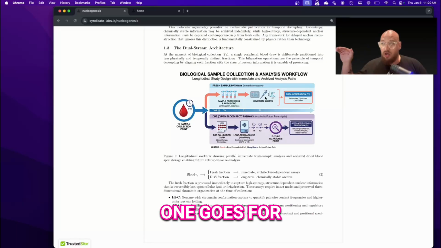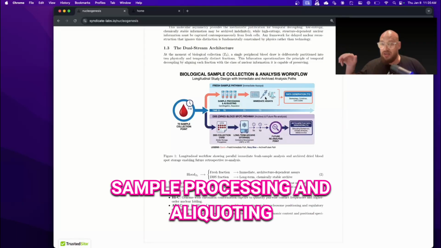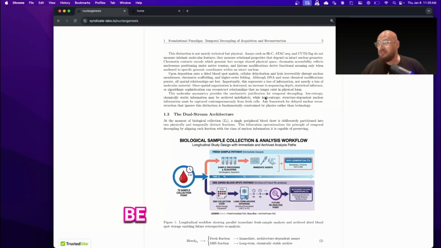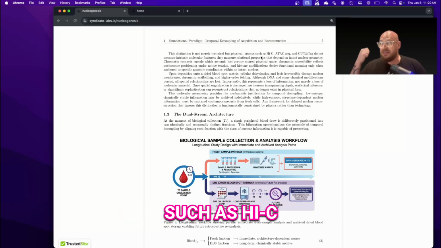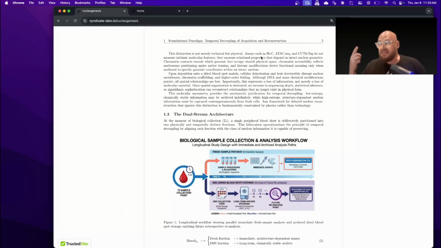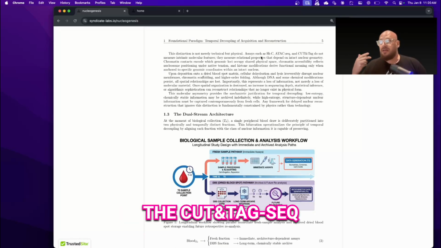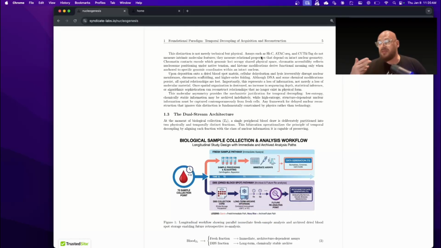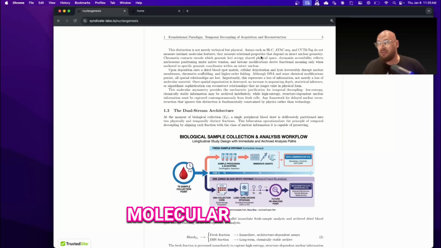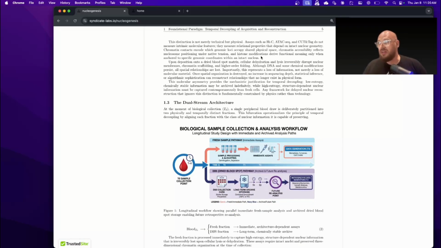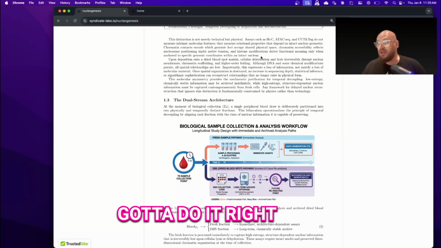One goes for all the sample processing and aliquoting and the immediate steps that are going to be needed for assays such as Hi-C, ATAC-seq, the CUT&Tag seq. These have to be done right away because they don't measure intrinsic molecular features. They measure relational properties that depend on an intact nucleus. So that's why you got to do it right away.